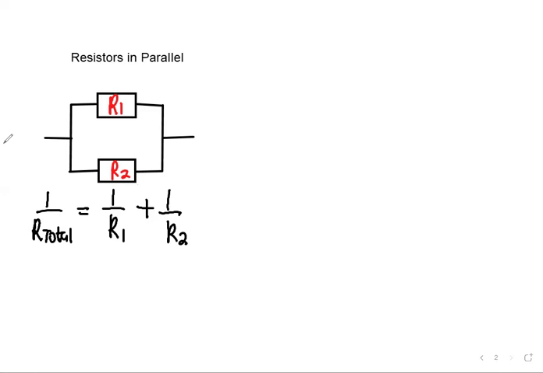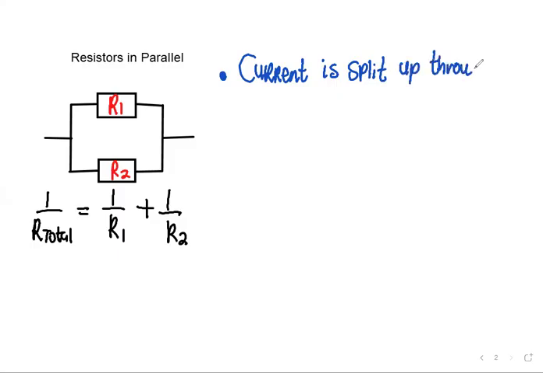Now these are some of the key points that you must understand with regards to resistors in parallel. The first one is that the current is split up through resistors.